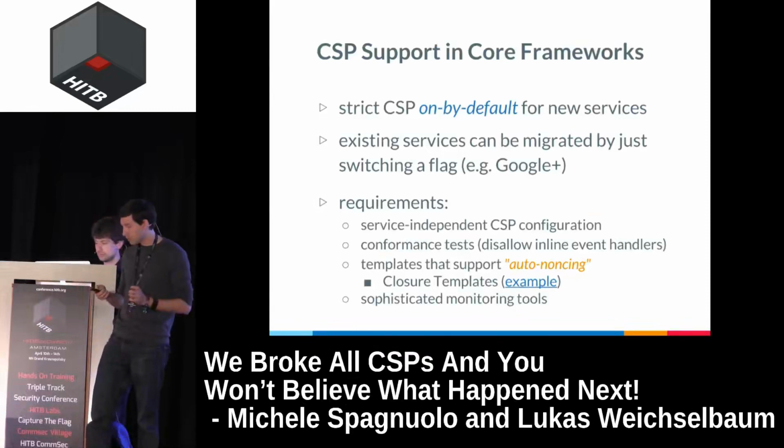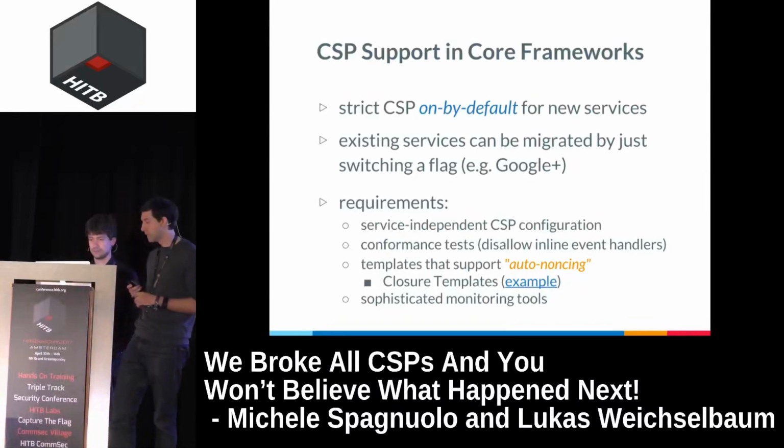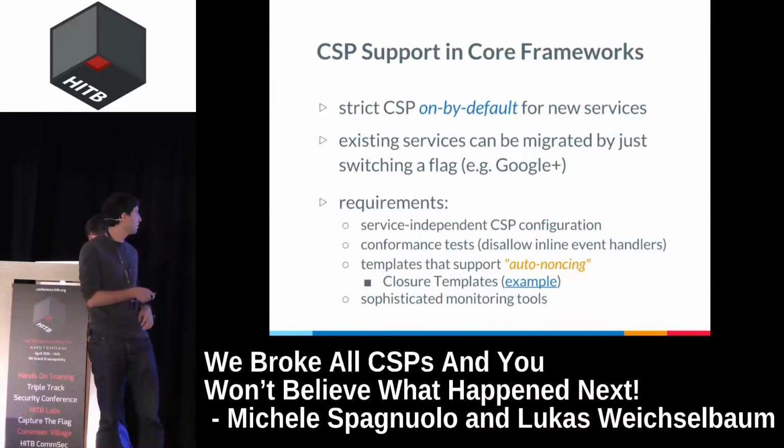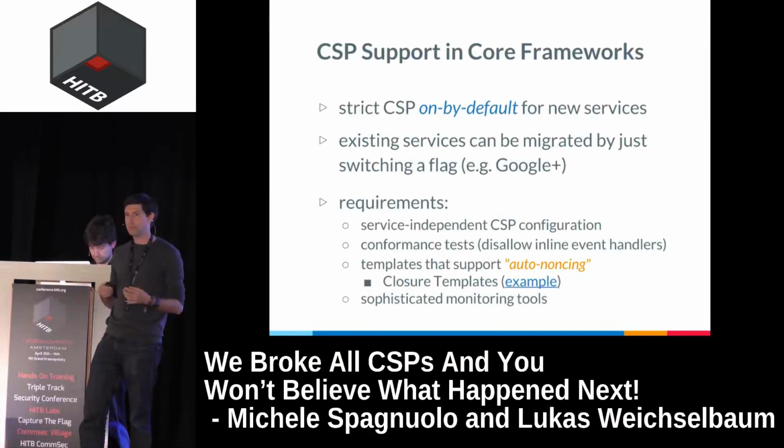And the existing services built on the core frameworks could be opted in after they have been tested, by just switching a flag. This was the case for Google+. We just had to switch a flag to get strict CSP enabled, and it worked, which is really nice compared to whitelist-based policies, because it takes a long time to get them to work for almost no benefit.